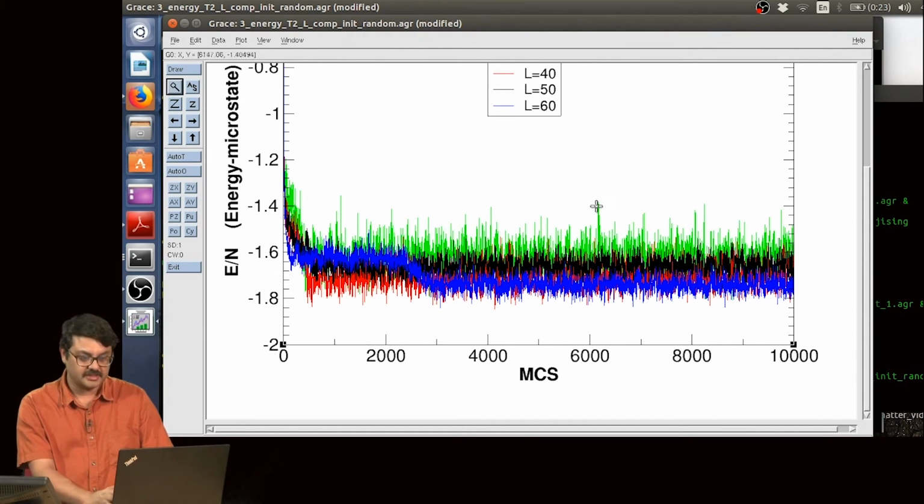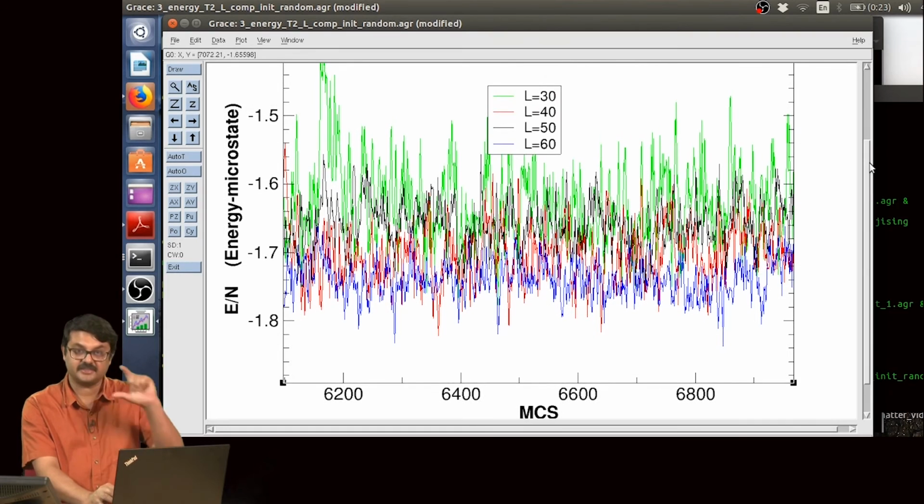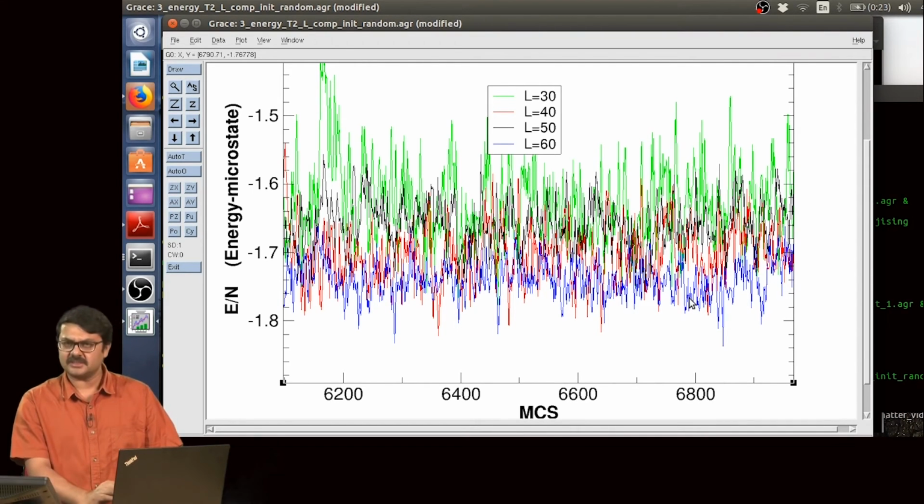The other point I would like you to note is that the fluctuation in this green data set for L equal to 30, the size of the fluctuation, the variance, seems from my estimate to be much more compared to the much bigger box size L equal to 60, which is essentially 4 times bigger, if you compare 30 cross 30 with 60 cross 60. And that is not surprising.